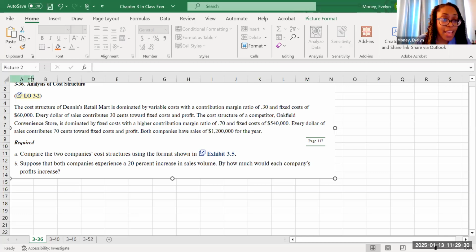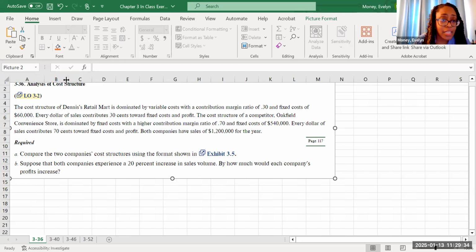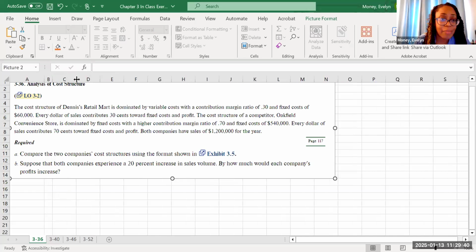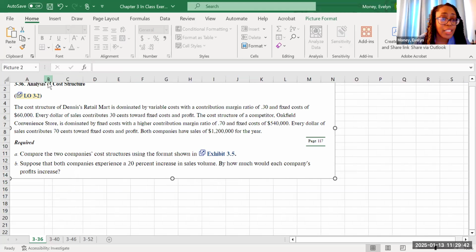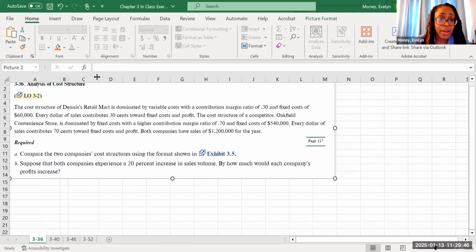All right, so let's go ahead and set up our table so that we can see a contribution margin income statement. So I have to resize my columns, which I did not do ahead of time. For presentation purposes, of course, when you're doing your homework, you're not going to have this issue of having to resize columns.